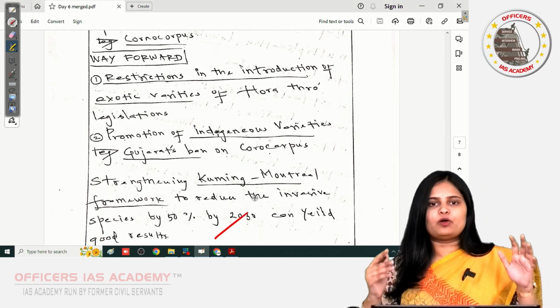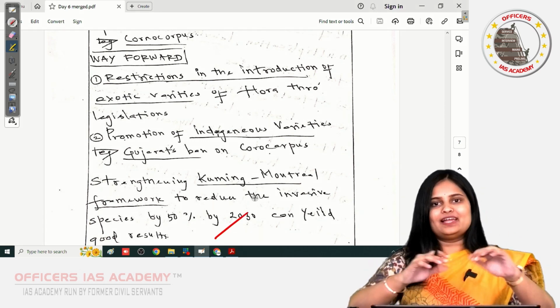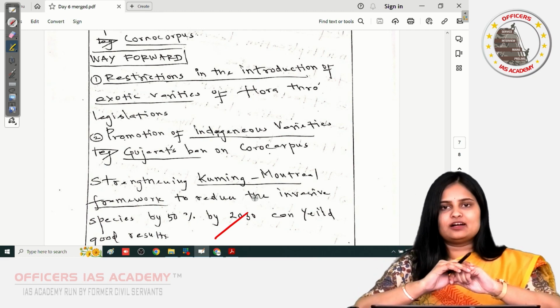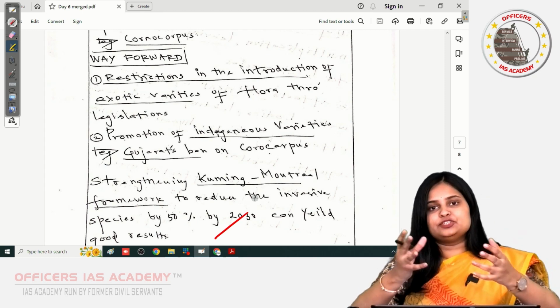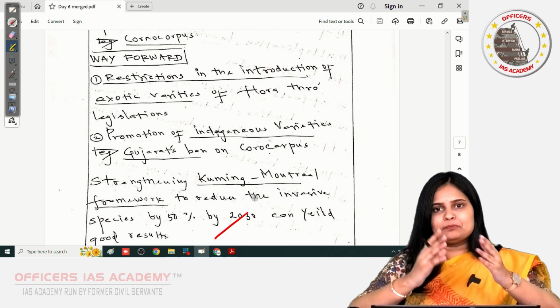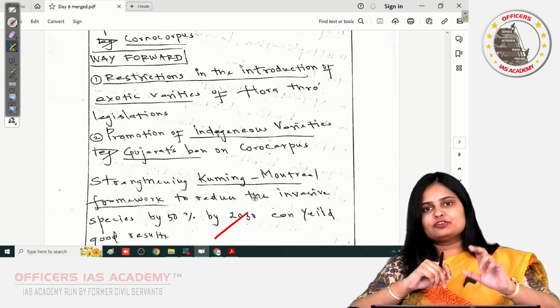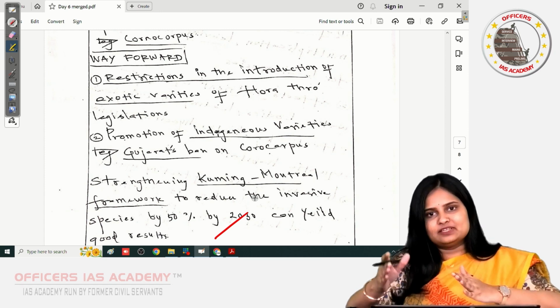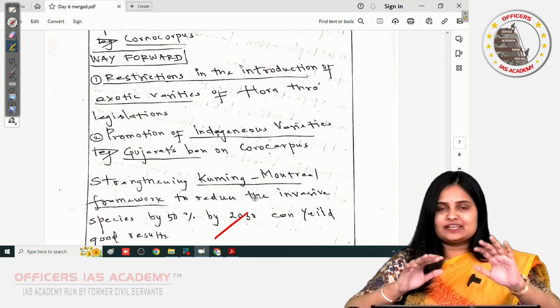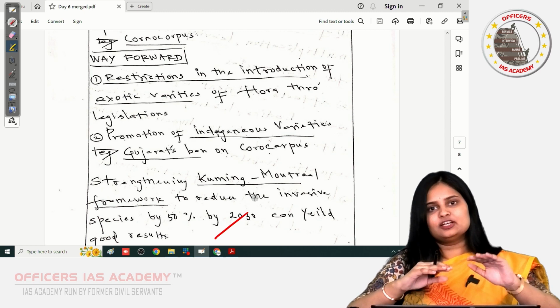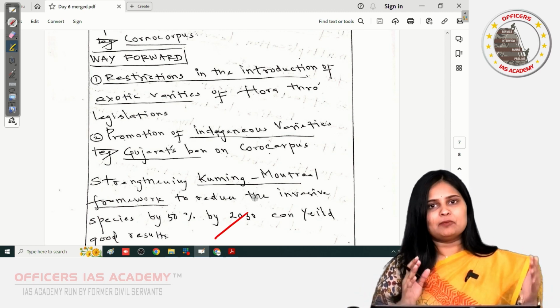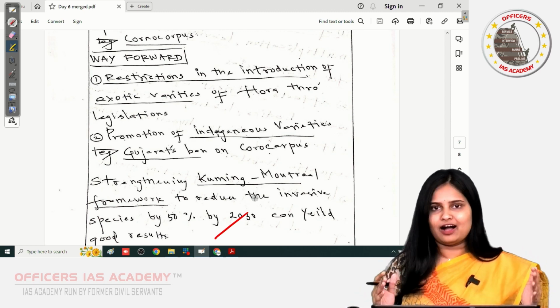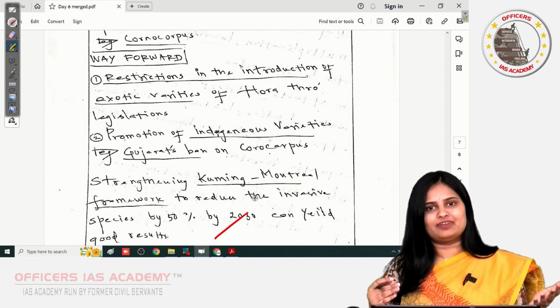One thing that I want to emphasize is that while writing these answers, please understand where to place due emphasis. For example, here there are two parts, and the demand of the question is discuss. So, please address the first part as well as the second part. In most of the answers that we had seen, half of you have written about invasive species in almost half of the entire page, which is not very appreciated.